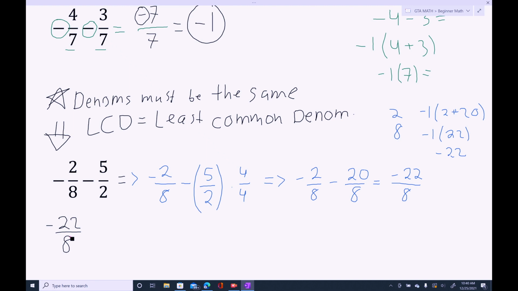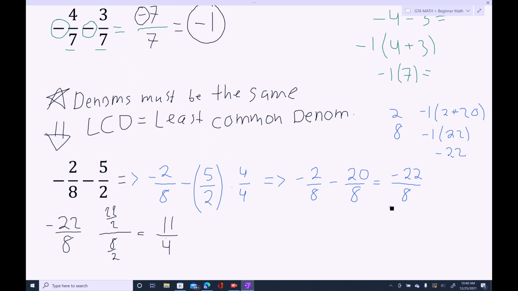Just because I'm lazy, but I'm willing to work hard, which is kind of a contradiction, I'm going to divide 22 by 2, and then I'm going to divide 8 by 2. 22 divided by 2 is 11. 8 divided by 2 is 4.